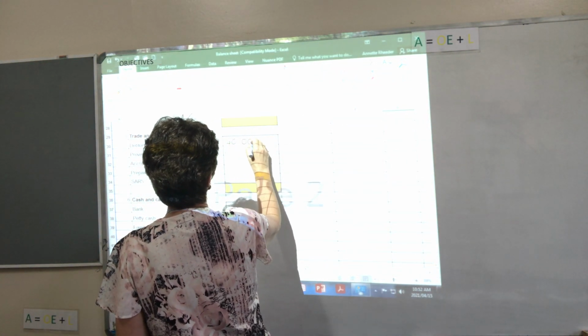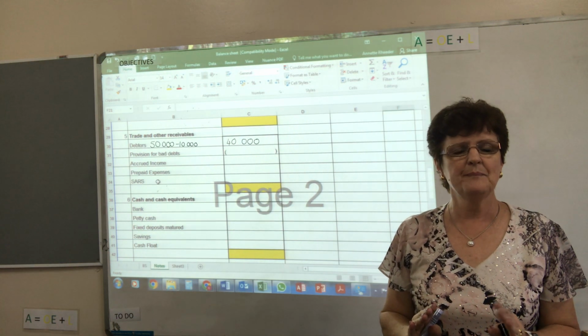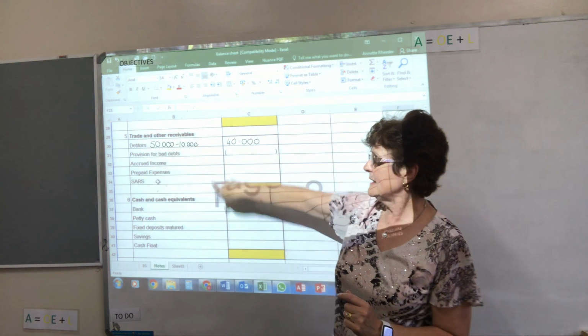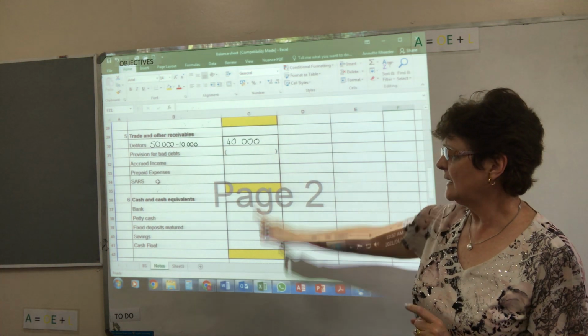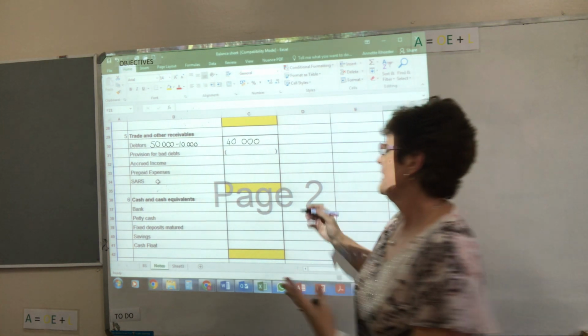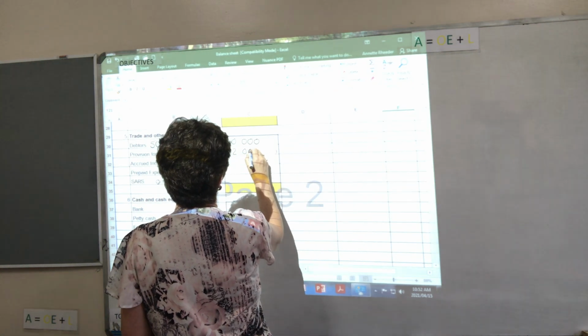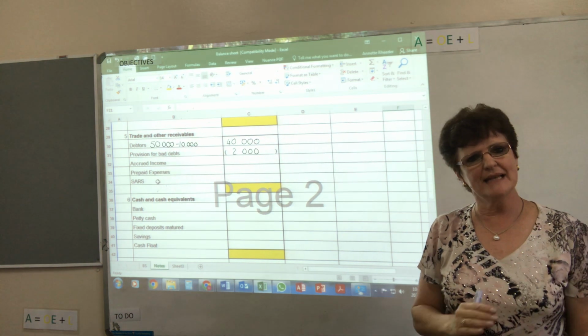Bear in mind that every single transaction that's got anything to do with debtors, any change to that debtors control account, will be done in this note in brackets next to the account name. Provision for bad debts. Remember that we have to, let's just say it's 2,000. We have to deduct that because that's like a negative asset.